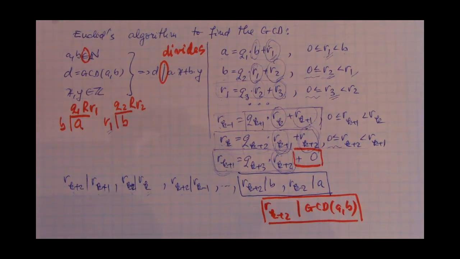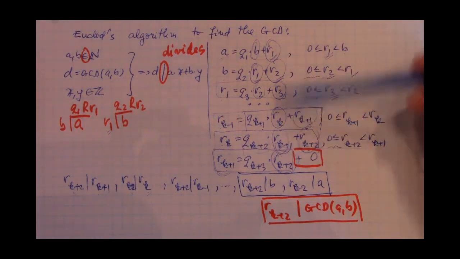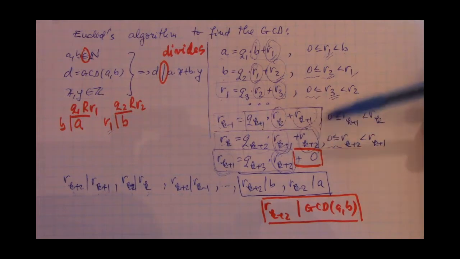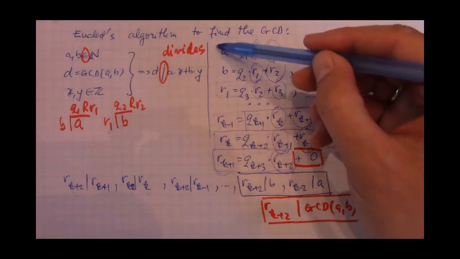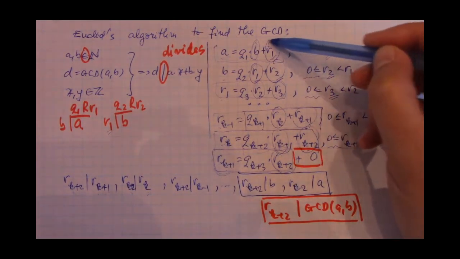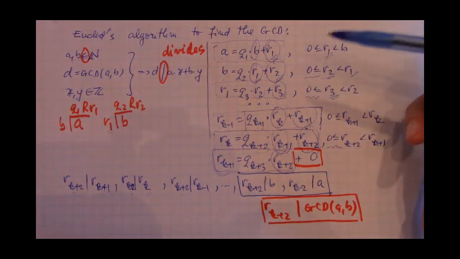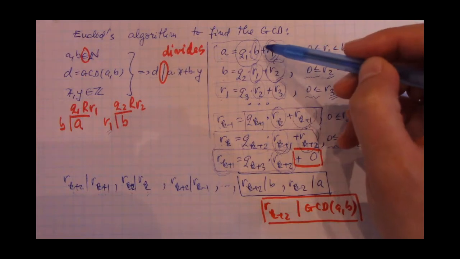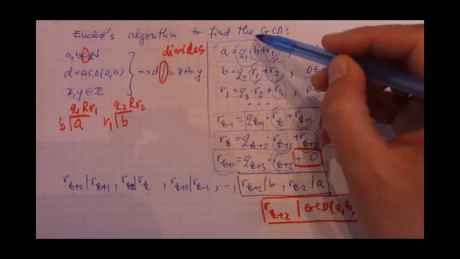It's a very nice relationship that we got by scanning this sequence of divisions from bottom to top. Now how about we scan this set of divisions one more time, but this time from top to bottom. We're going to look at this relationship first, but what we are going to do is take q1 b from the right hand side over to the left hand side.